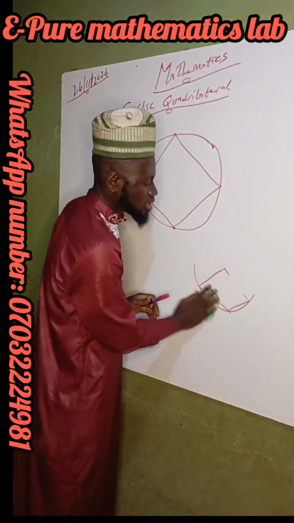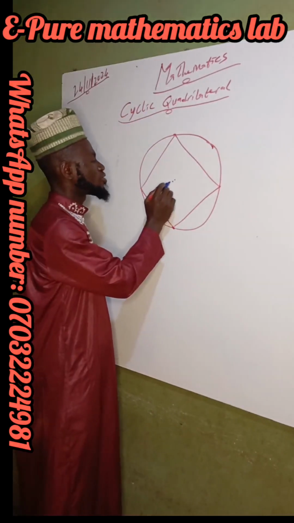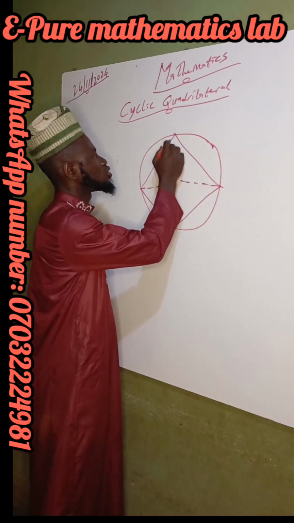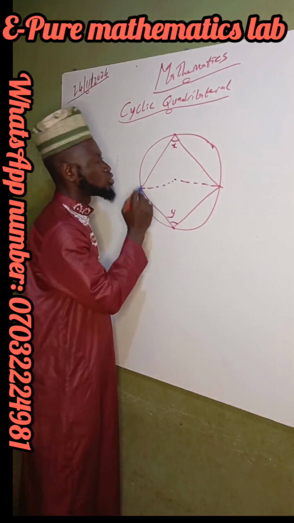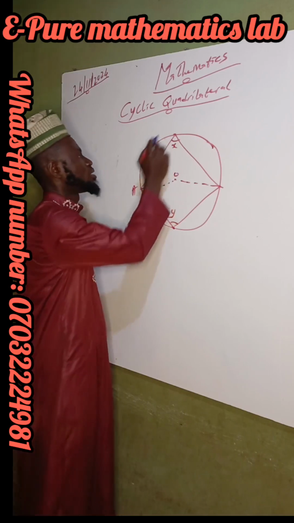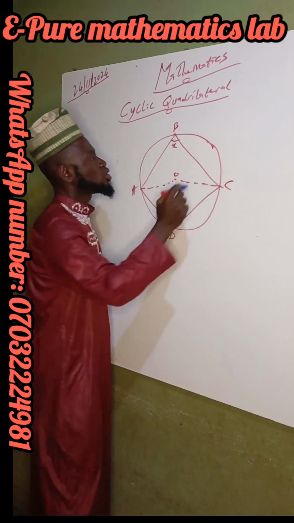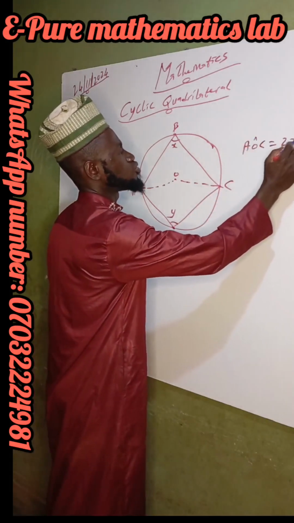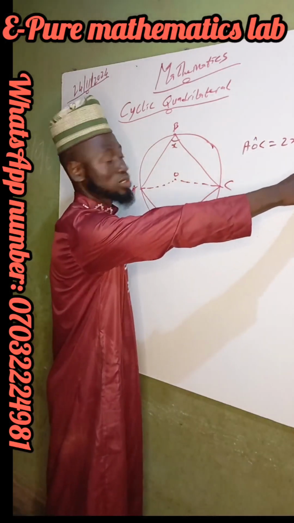Now, we want to prove something here. Let me just assume we have something like this. Let me call this angle X, and let me call this one Y. Let me call this place the center, O. Given A, B, C, D. Alright, what I now say is that angle AOC is equal to 2x. Reason: angle at the center is twice the angle at the circumference.